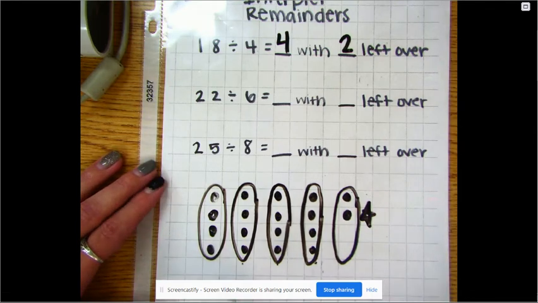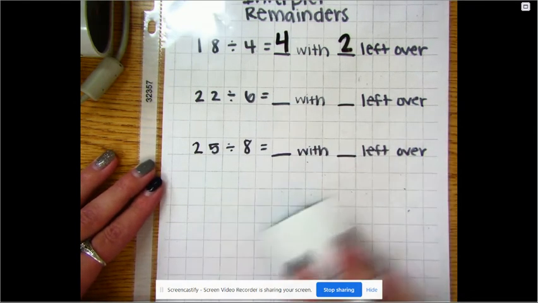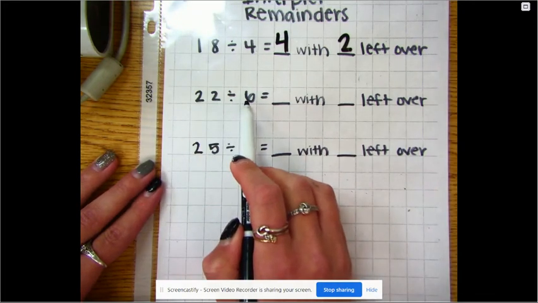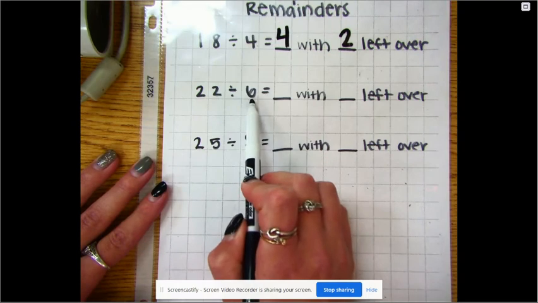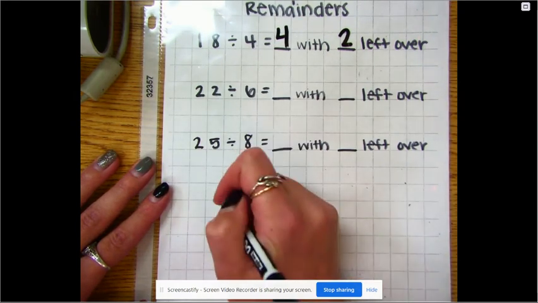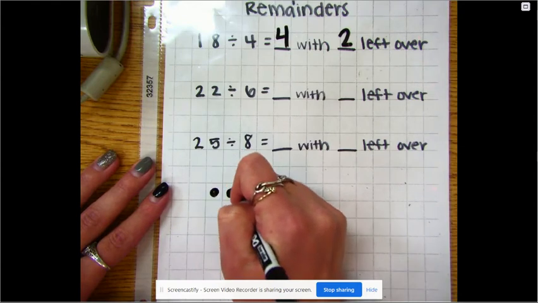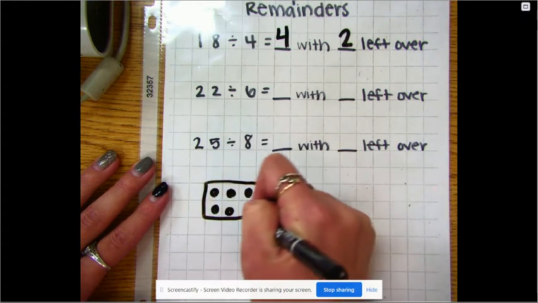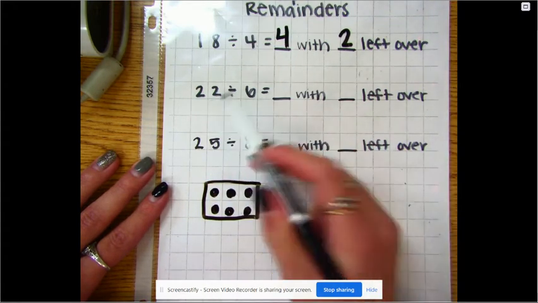Let's try again with another one. 22 divided by 6. Okay, so I'm going to start with my divisor, 6. Let's see how many groups I can make. I'm going to make 6. 1, 2, 3, 4, 5, 6. There's one group of 6. And I want to get to 22.